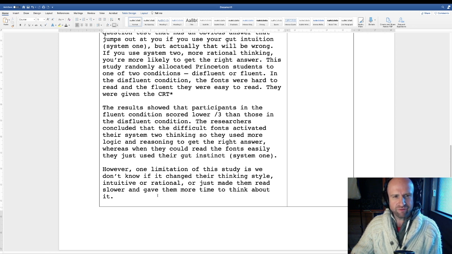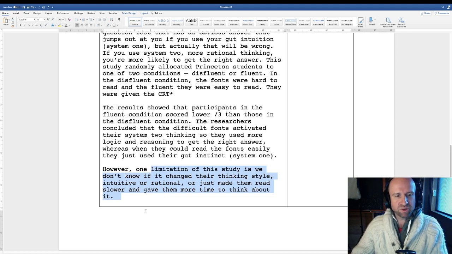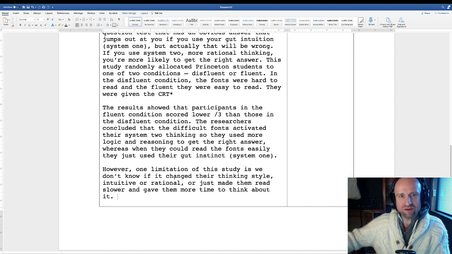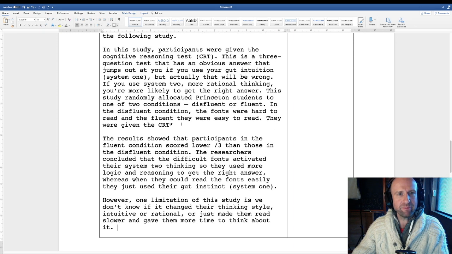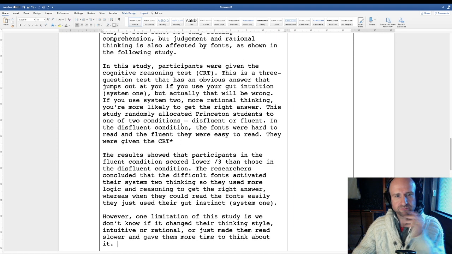They did 4 experiments in this series, and they tested this limitation in the other experiments, but I didn't have a chance to read those additional experiments. I could mention here they did other experiments that found that it wasn't just that it made them go slower, but it did actually change their thinking style. But I think an examiner would want to hear what those studies were, so I'm just going to leave it as it is. Okay, now coming back to the study that I've just described.